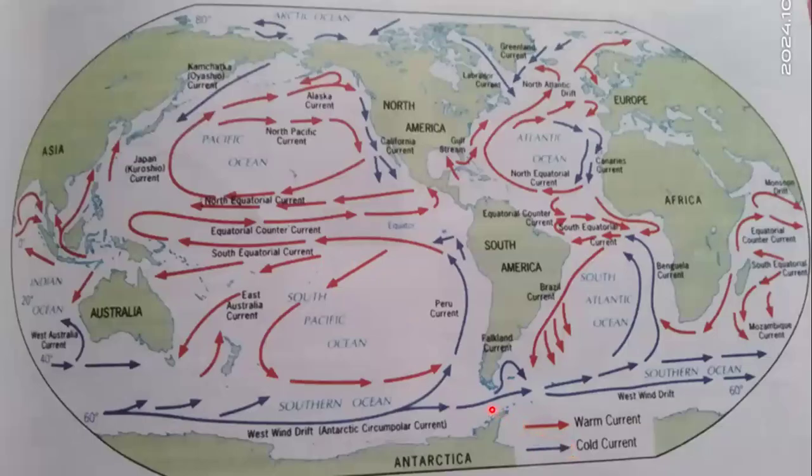Warm currents are those currents which flow from the lower latitudes, the tropical zone, towards the higher latitudes, the temperate and the subpolar regions, thus increasing the temperature of the area where they flow.